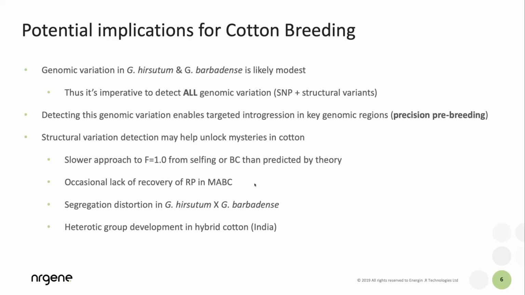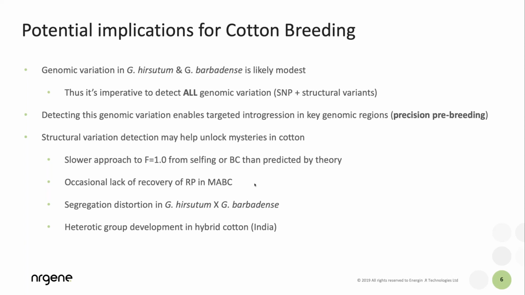In addition to what I've had here on the slide, in some crop species, structural variation, small indels, other structural variation has been shown to have significant association with phenotypic traits or QTLs.